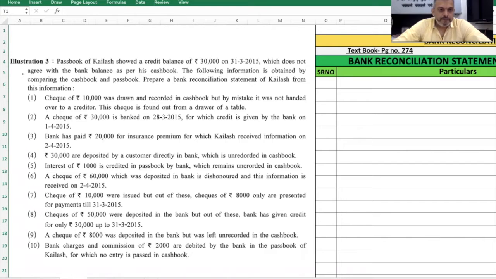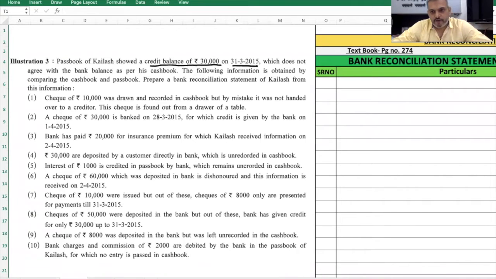Now, let's read the Passbook of Kailash. Please pay attention when I read the sum because it's very important. Passbook of Kailash showed a credit balance of rupees 30,000 as on 31/3/2015.